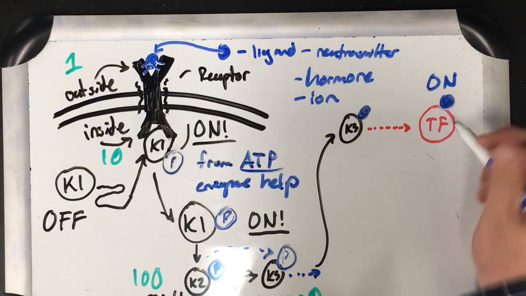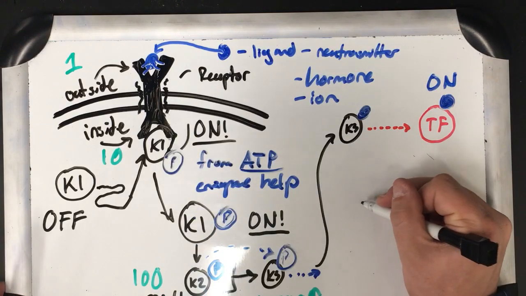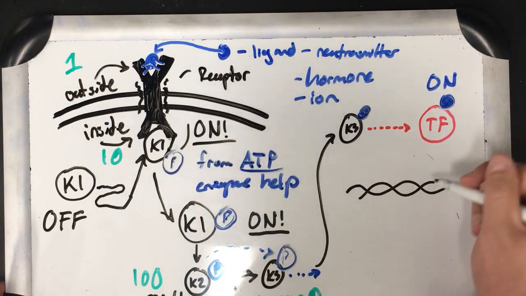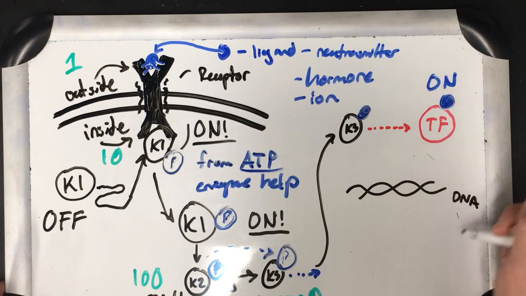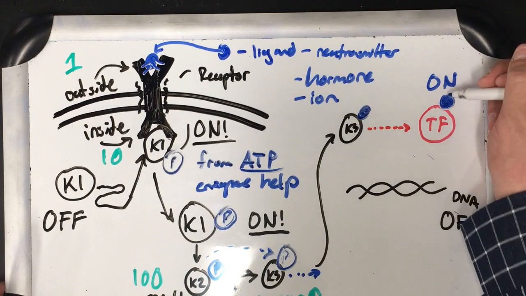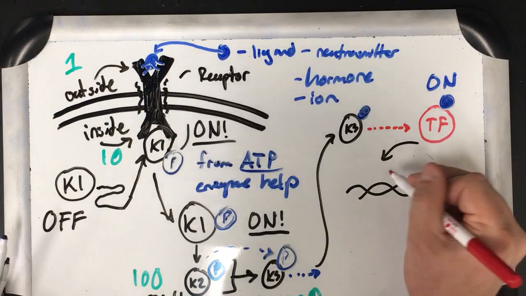We saw today that transcription factors are key players when it comes to activating genes. So in this case, let's say that this DNA is off because there's no transcription factor to bind it. It's not active. Once you've added this one here, now this is active.